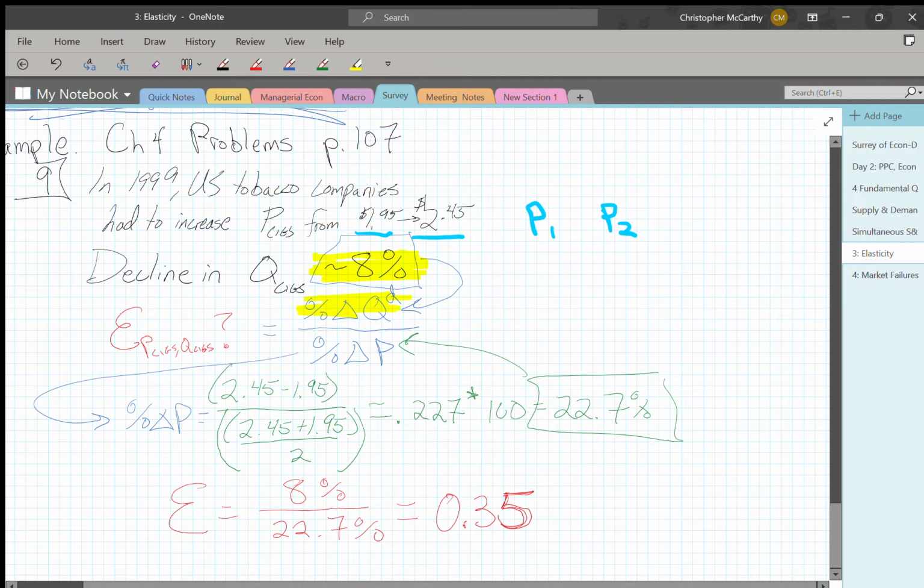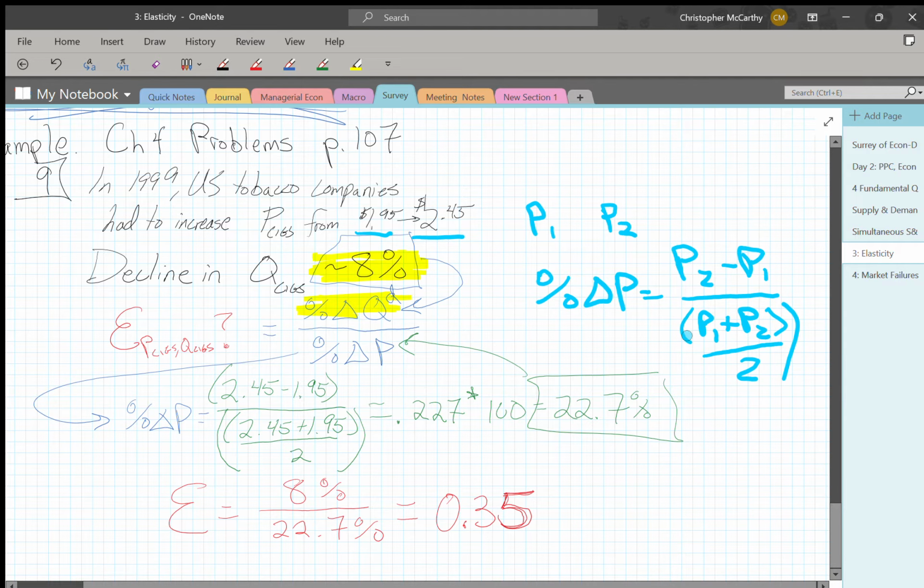And so we know that when we take a percentage change in price, it's equal to P2 minus P1 over P1 plus P2 divided by 2. And so that's exactly what I do over here. I take P2, 245, P1, 195. I add them up.